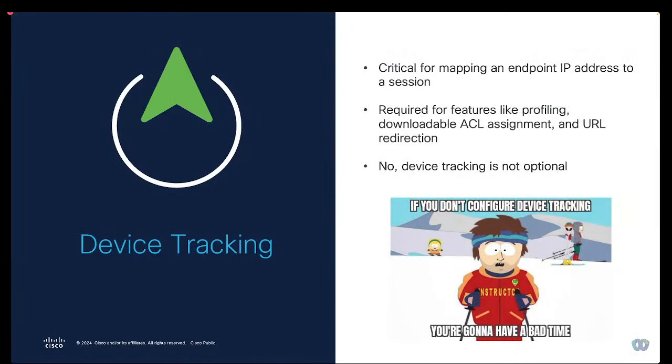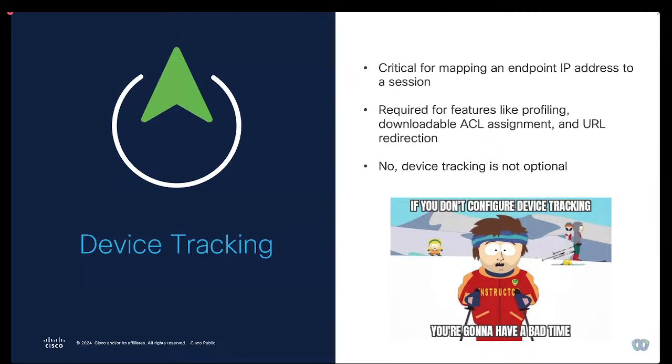Device tracking, this one is very important. If you don't configure device tracking, you're going to run into random issues like profiling can fail, and downloadable ACLs will fail to assign. I actually had a customer who was trying to test out posturing.